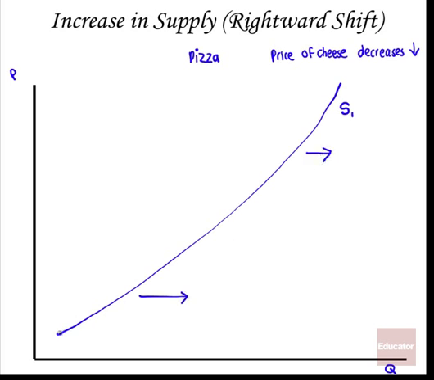At different points, instead of these points here, there are going to be new points, because at these prices there are more points of profitability. So suppliers are simply going to decide that they want to produce more pizza. So supply actually increases. That's what's meant when supply increases.